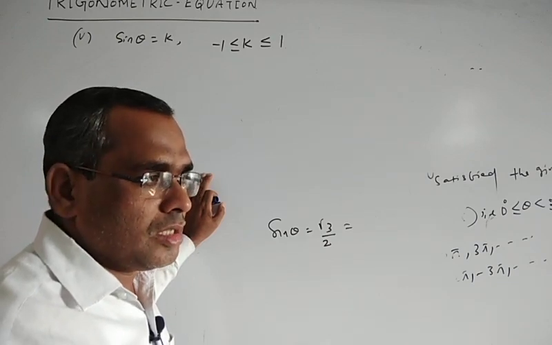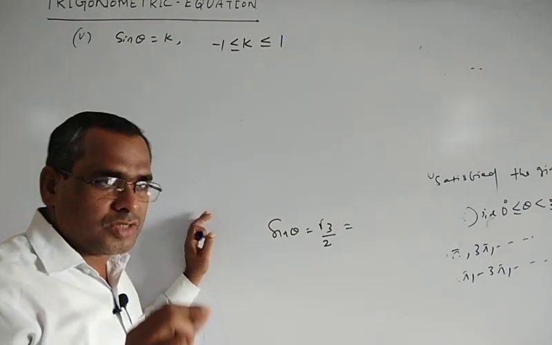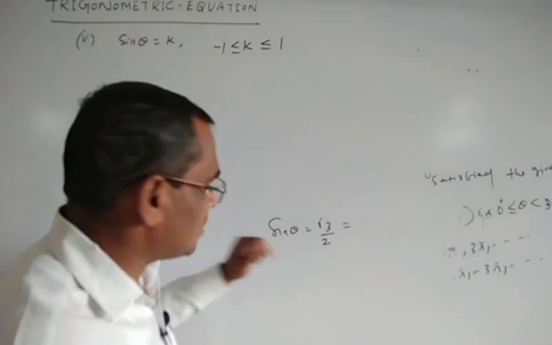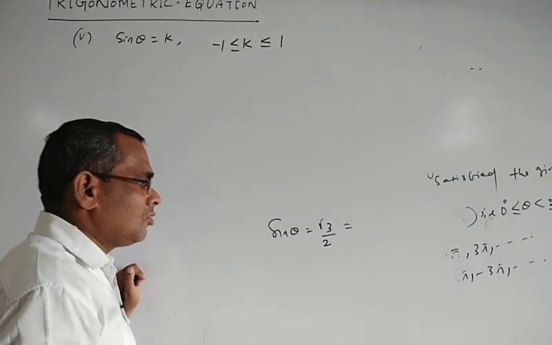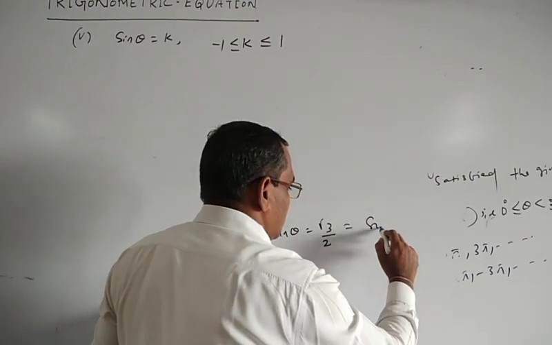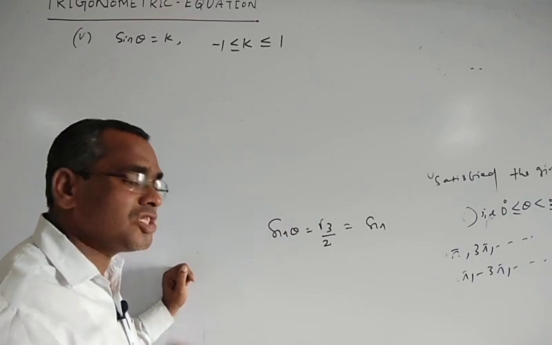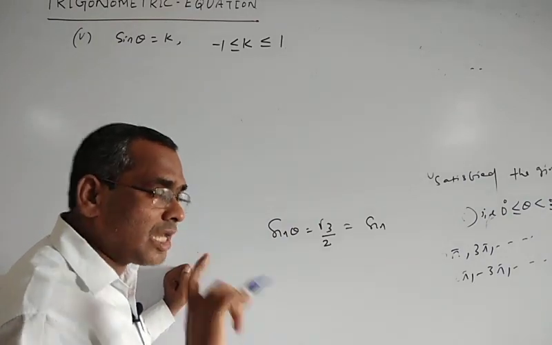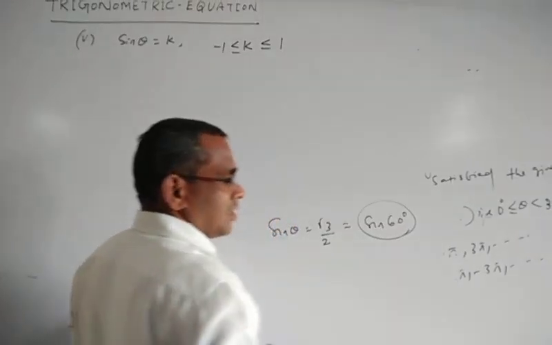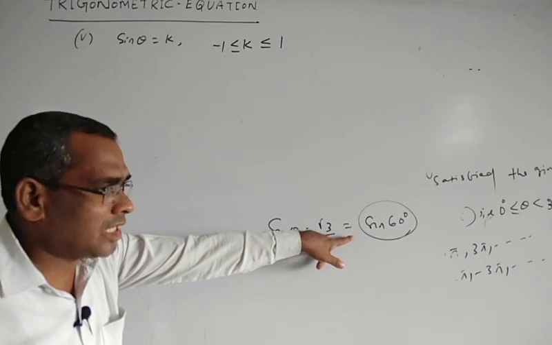For which value of theta does sin theta equal √3/2? Definitely theta can be 60 degrees, and it is also 120 degrees. But the small angle is 60 degrees. So this is equal to sin 60 degrees. So sin theta is equal to √3/2 means this is equal to sin 60 degrees.